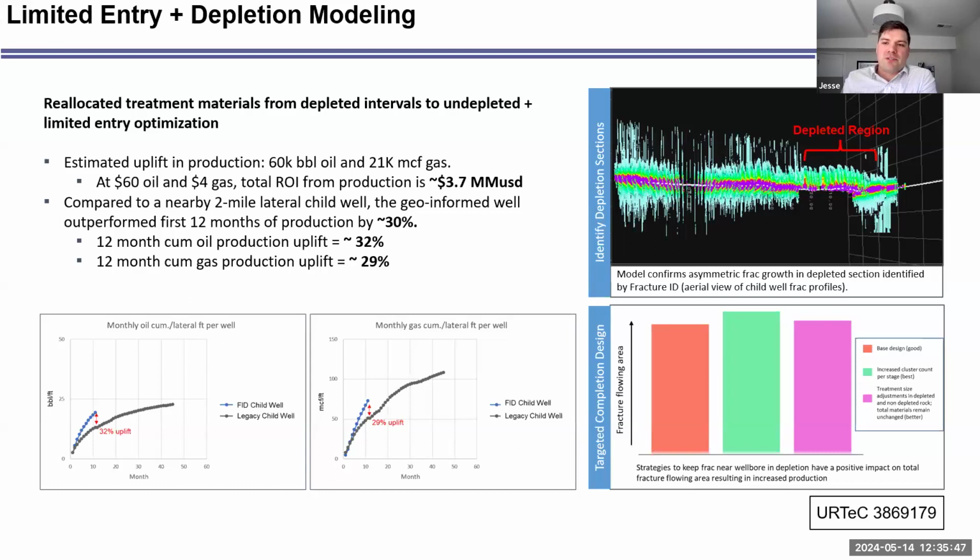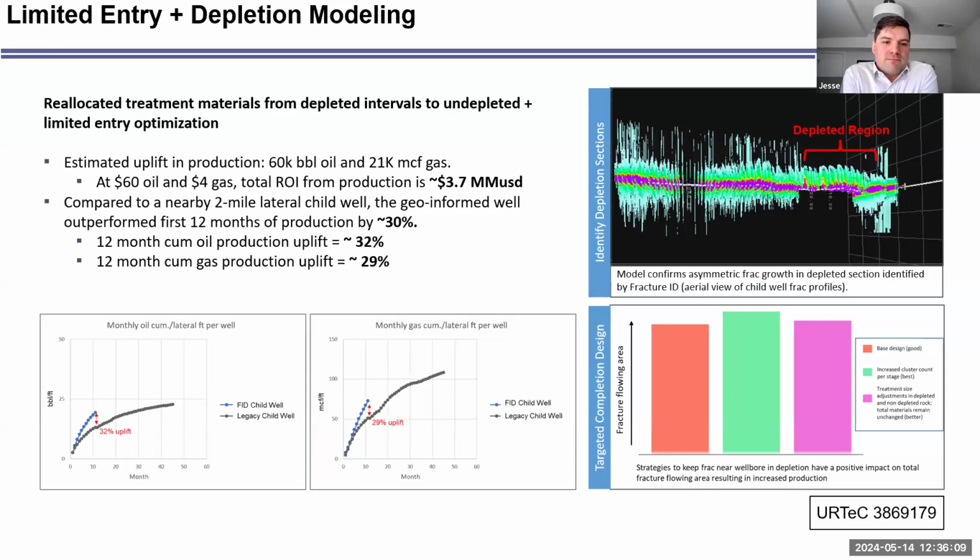And so they found a bunch of these child wells that they thought were comparable to the situation that they were in with this set. And by doing this optimization, they actually saw more like a 30% uplift in production.